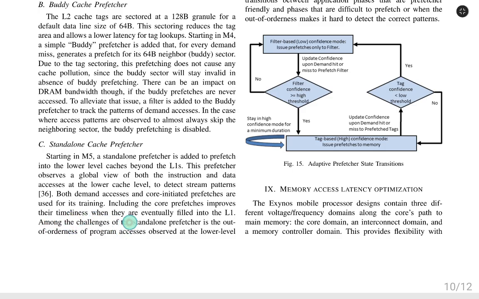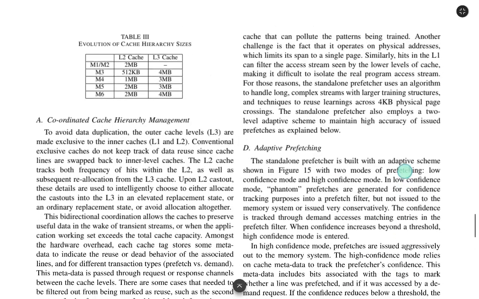Among the challenges of the standalone prefetcher is the out-of-orderness of the program accesses observed at a low level, which can pollute the pattern it is trained on. Another challenge is the fact that it operates on physical addresses, which limits each stream to a single page.